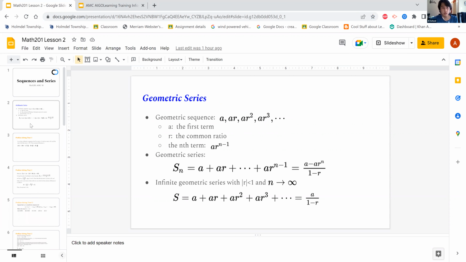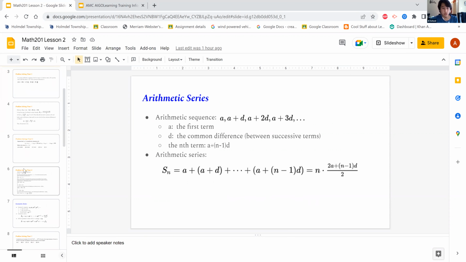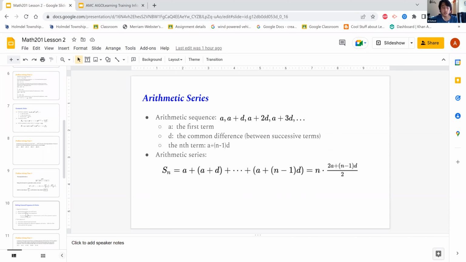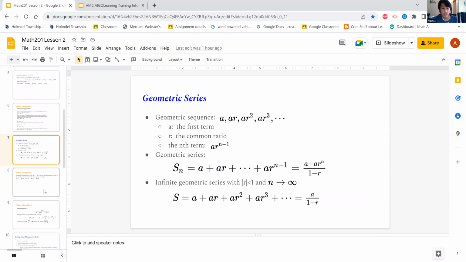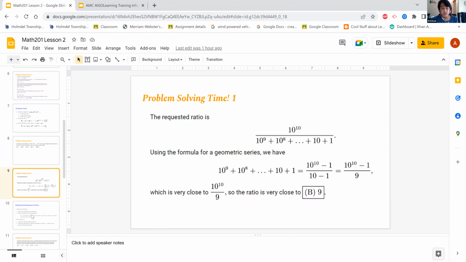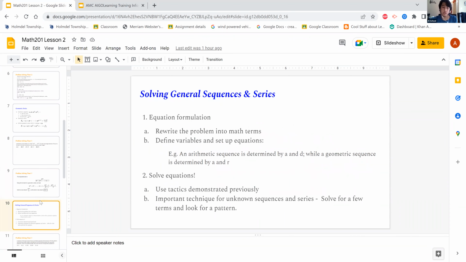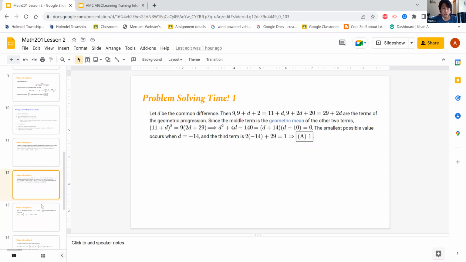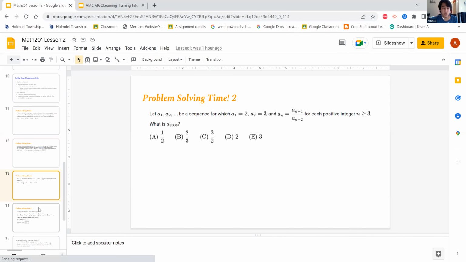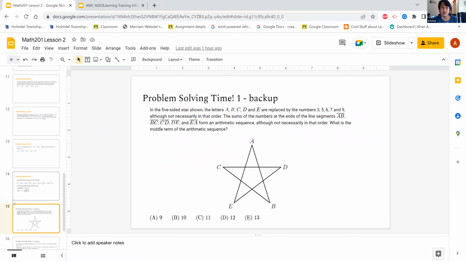Notice how there's this concept, all these problems related to that concept, and now this is the second concept, and there are more problems related to that. Third concept, more problems related to that. Notice there's quite a bit of problems, and there are some backup problems.